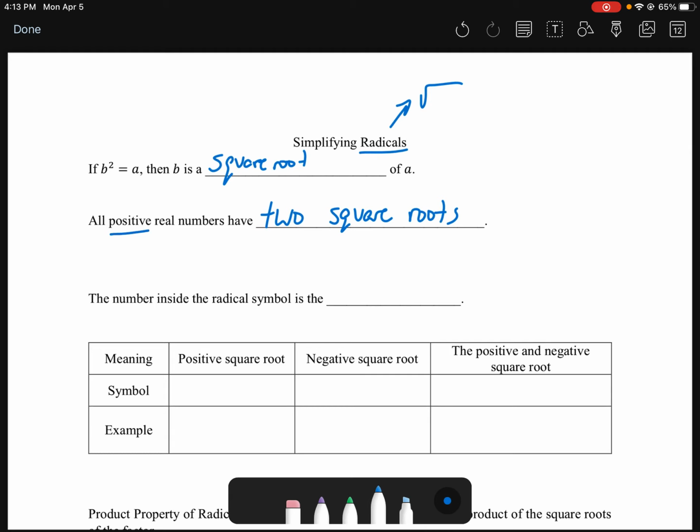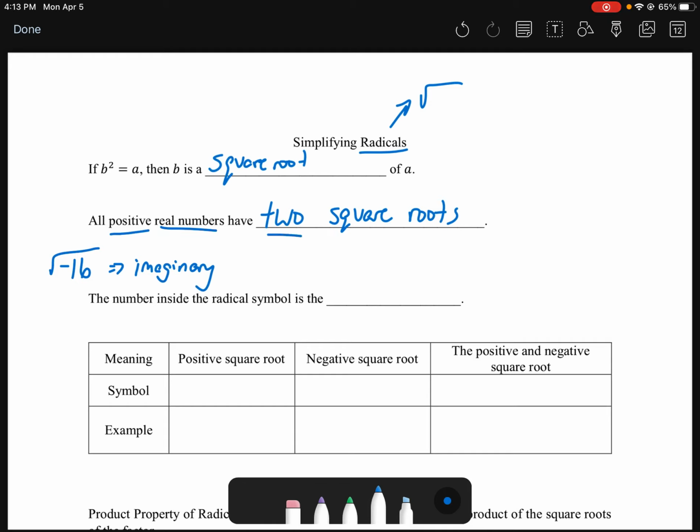So if I take the square root of a negative number, say for example, square root of negative 16, that is actually an imaginary number. So since I would make it imaginary, that means it is not real. So we're only looking at our positive numbers here.